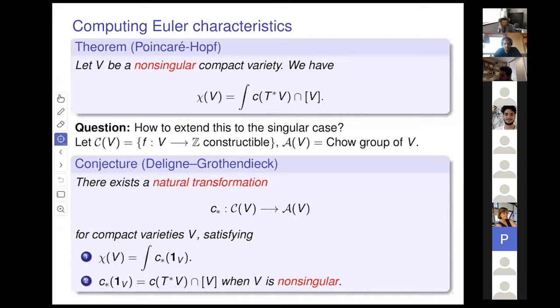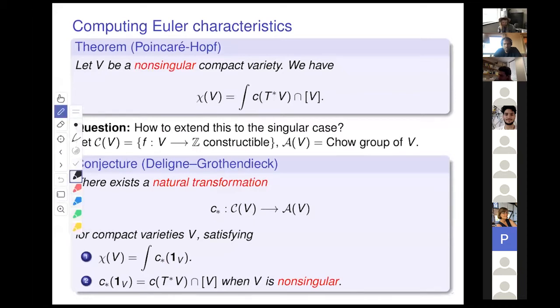First of all, if you look at the indicator function of V and you transform it to a class in Chow and take the integral, then you'll get the Euler characteristic. And this class, when V is non-singular, is exactly the class that you see in this Poincare-Hopf formula, the total Chern class of the tangent bundle restricted to V. Okay, so I said here natural transformation.